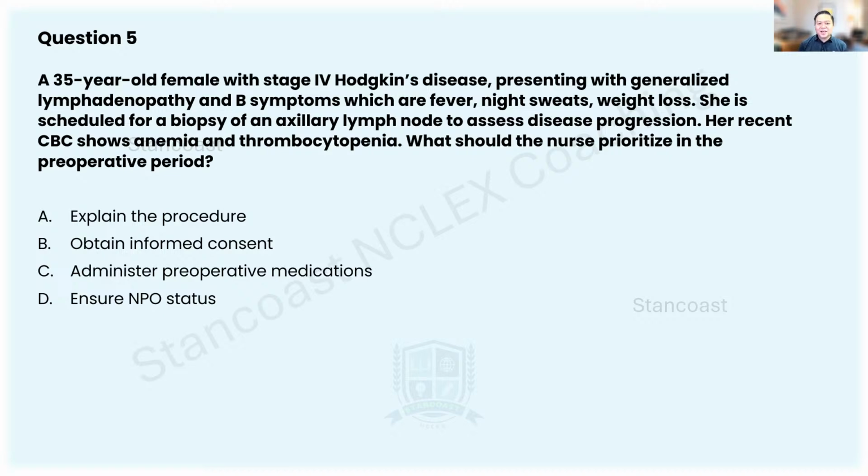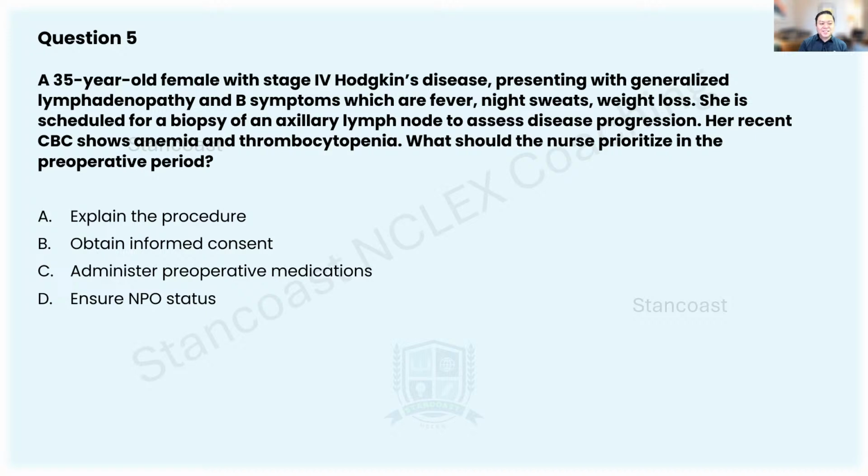Number 5, a 35-year-old female with stage 4 Hodgkin's disease presenting with a generalized lymphadenopathy and B symptoms, which are fever, night sweats, weight loss. She is scheduled for a biopsy of an axillary lymph node to assess disease progression.